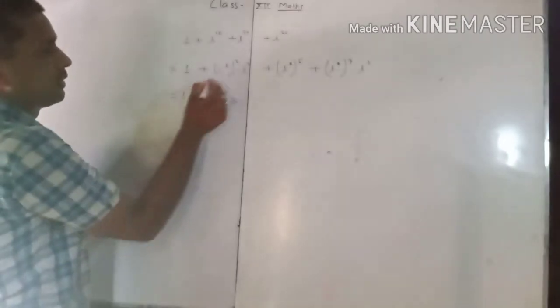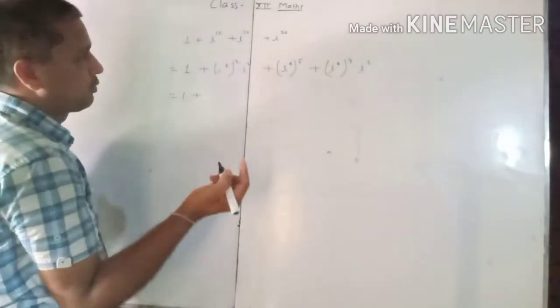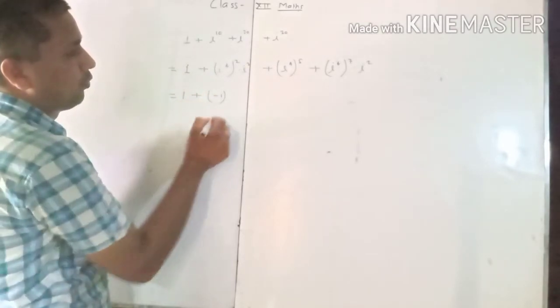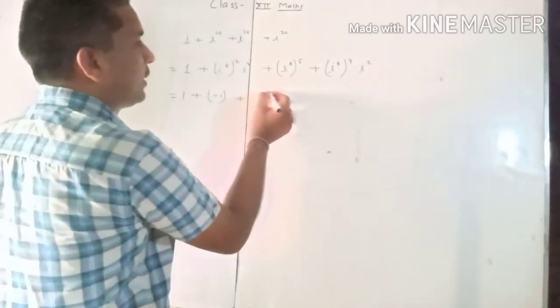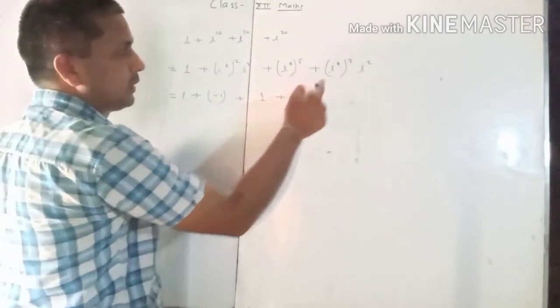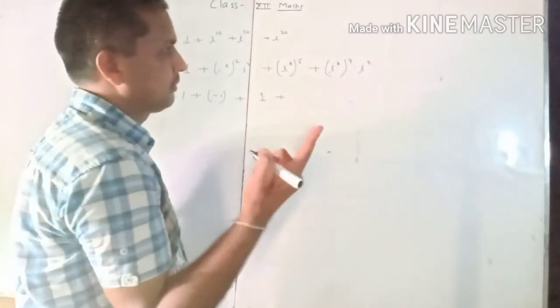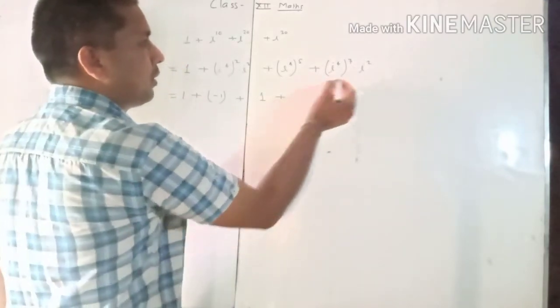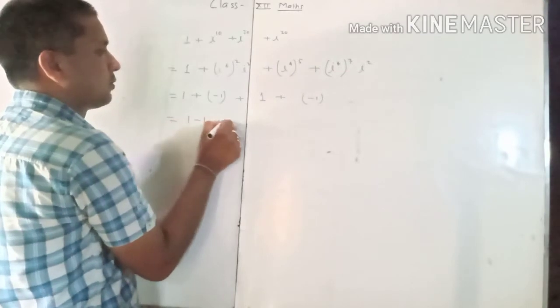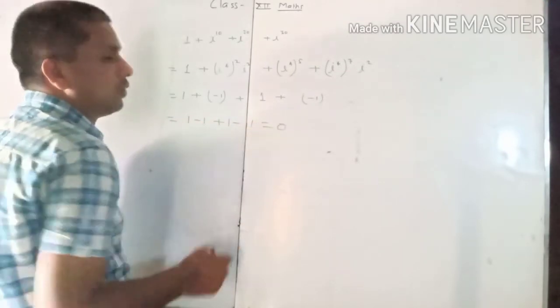So 1 plus I to the power 4 means 1 square is 1, I square means -1, plus I to the power 4 means 1 to the power 5 means 1, plus I to the power 4 means 1 to the power 7 means 1 and I square means -1, so 1 minus 1 plus 1 minus 1 we get 0, and 0 is a real number.